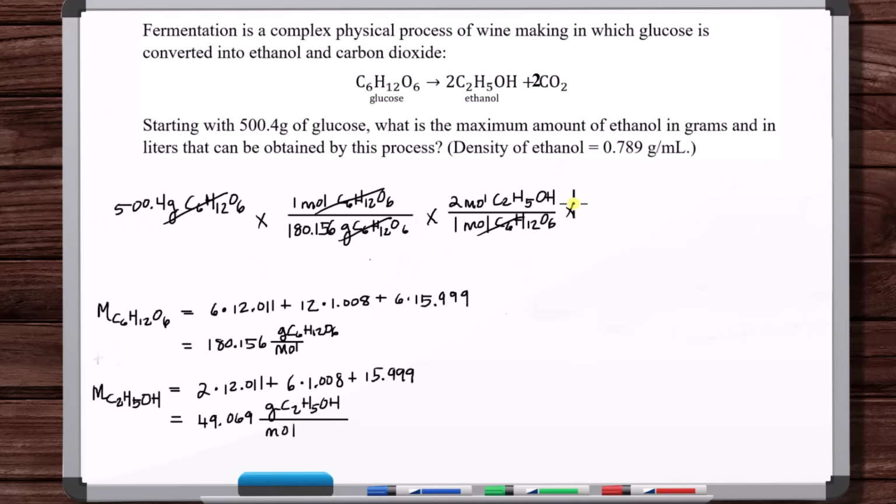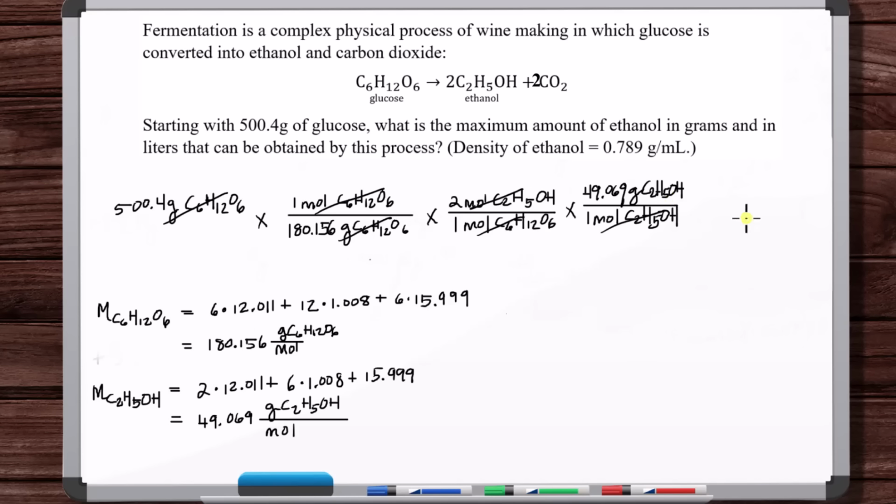All right, so this is telling us that for every 1 mole of C2H5OH, we've got 46.069 grams of C2H5OH. Okay, so now we're in grams of C2H5OH.